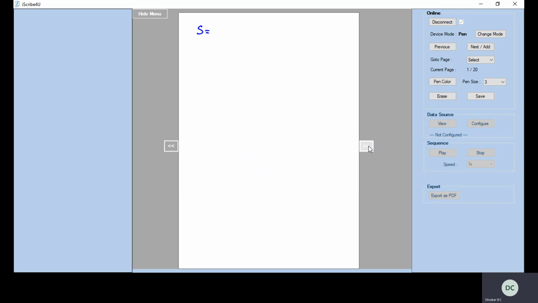So the sum expression is A bar B plus AB bar and the carry expression is AB. Let us construct it using the basic gates. The basic gates are AND, OR and the NOT gate. So let us construct the logic diagram using basic gates.